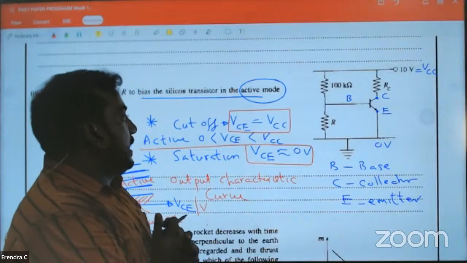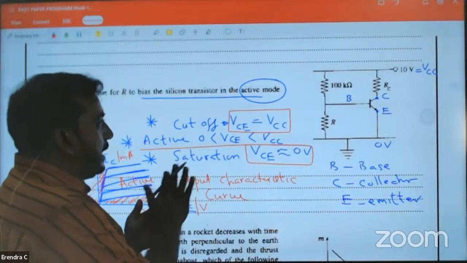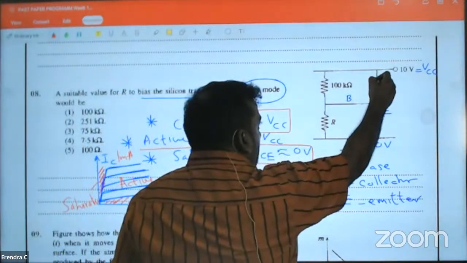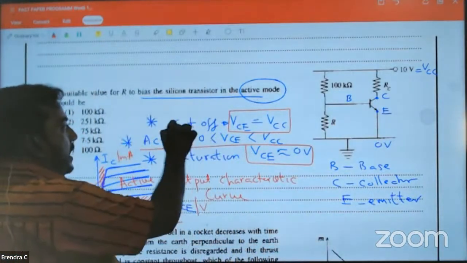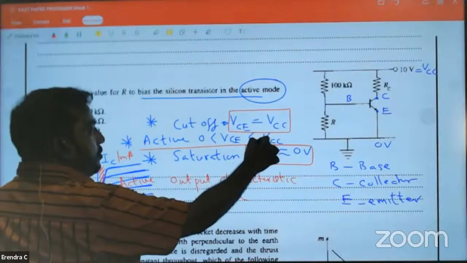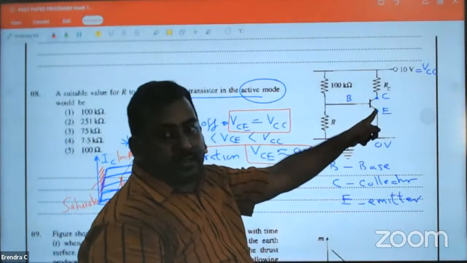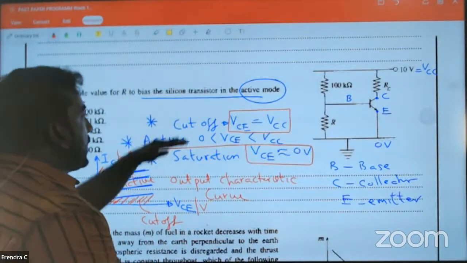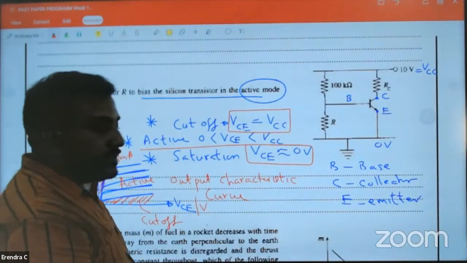Look at this carefully. Current is flowing through here. Cutoff region means when VCE is equal to the maximum, current through this circuit will become 0.